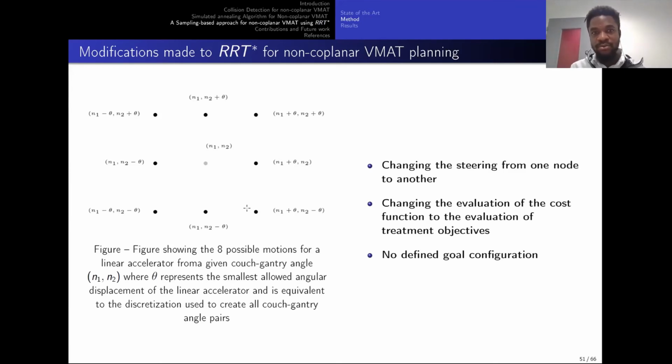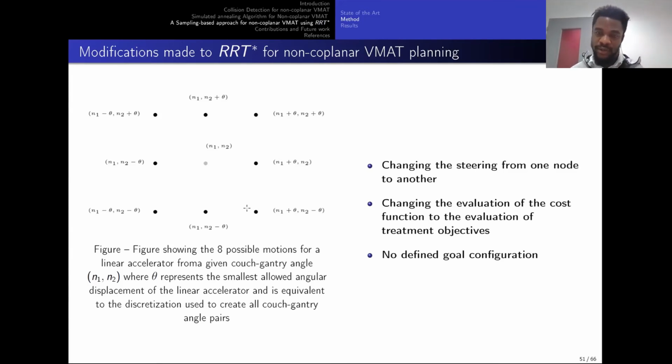But in our case, with the motion of the linear accelerator, we cannot make arbitrary motion. So we fix the motion to be in 8 possible directions from a given theta. From a given couch and gantry angle, you have a small displacement that you are allowed. You can say, I move the couch and the gantry theta degrees in this direction, but you cannot move arbitrarily from one configuration to the other. This is in the algorithm.